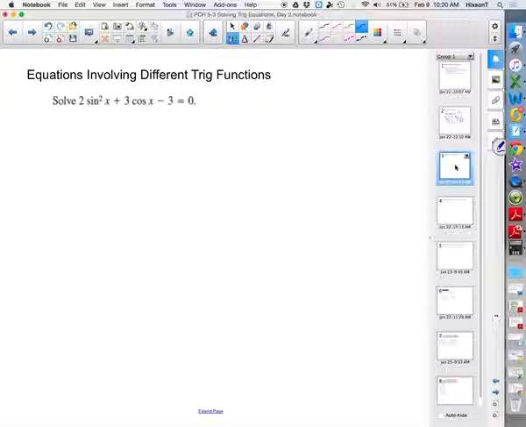Change the sine squared to a cosine squared. How would we get sine squared to be cosines? That would be 1 minus cosine squared equals sine squared. Sine squared is 1 minus cosine squared.